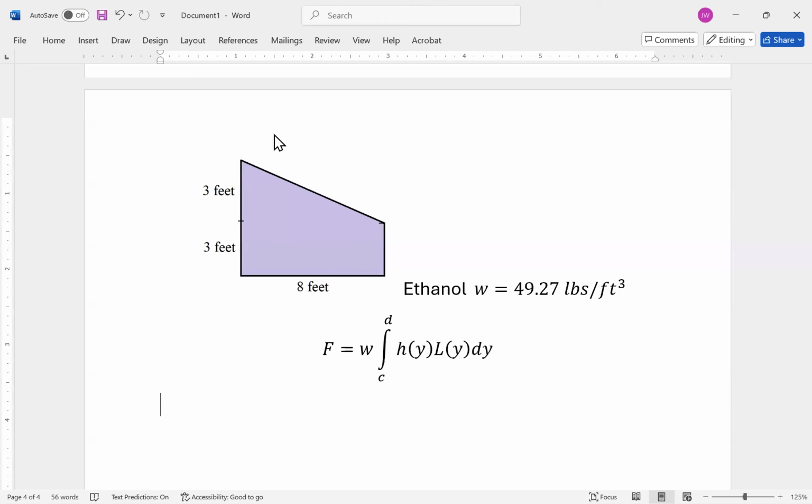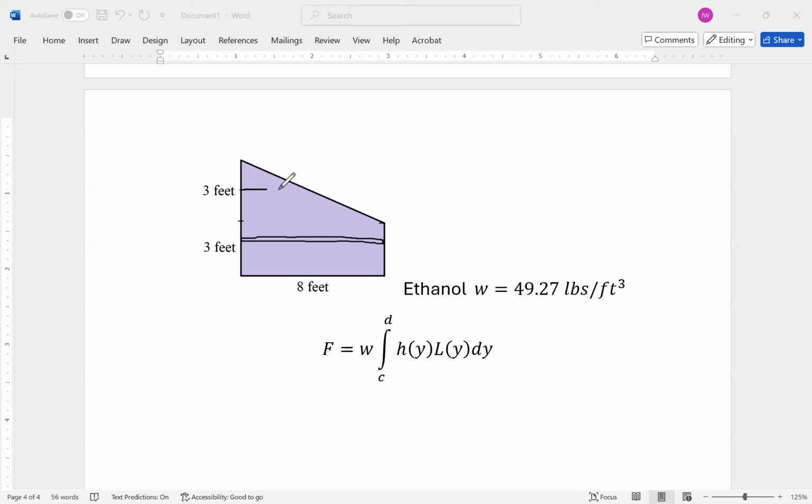In this case, what we're going to do is break the fluid force up into 2 parts, because if I have a representative rectangle down here in the rectangular portion of the tank, then the right-hand side is going to be this vertical line, and the left-hand side is going to be this vertical line.